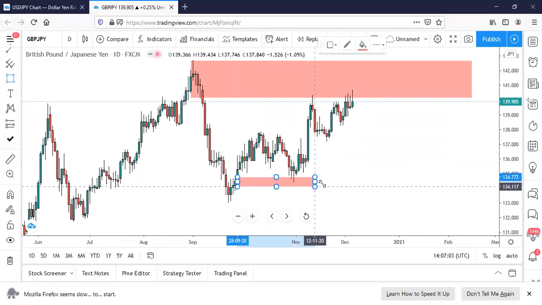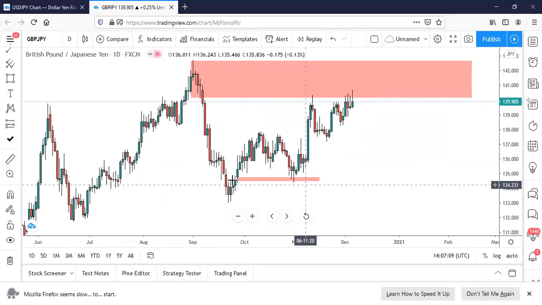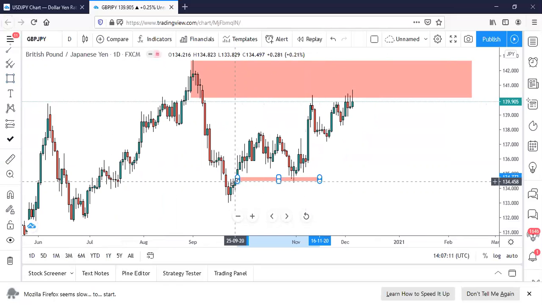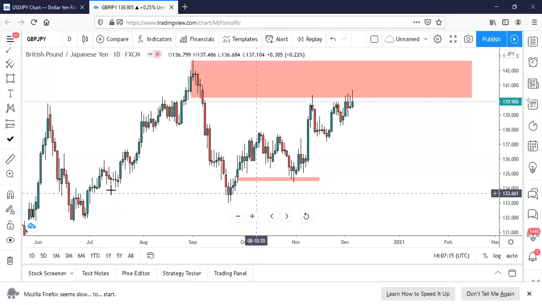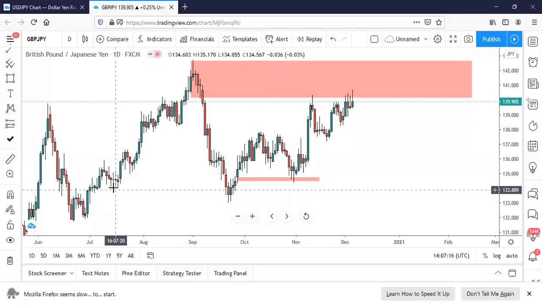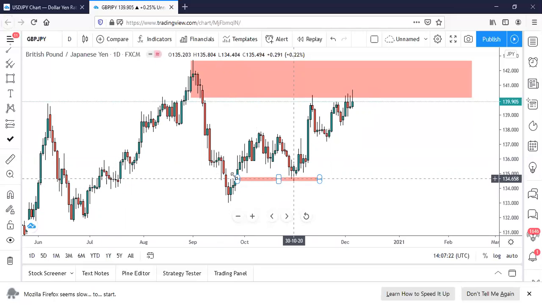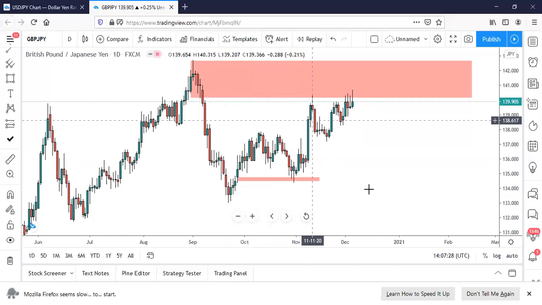Price just came down to fill the volume imbalance, then started going up again. So we took out a series of sell stops, broke market structure here, came down to fill this volume imbalance, then started being bullish. Okay, so we are bullish.